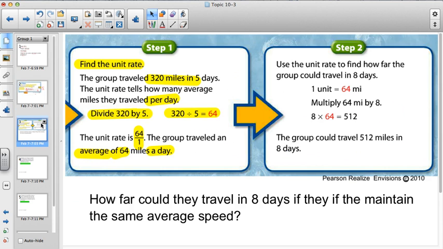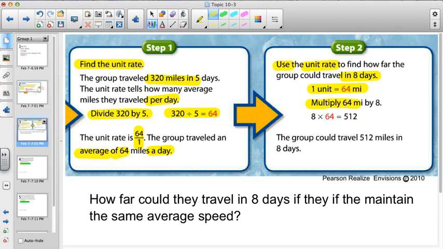So let's take a look at our resources again, and you can see that our book is showing us exactly what we were just talking about. Use the unit rate to find how far the group could travel in 8 days. So our unit rate is 64 miles in 1 day, so 1 unit is 64 miles.